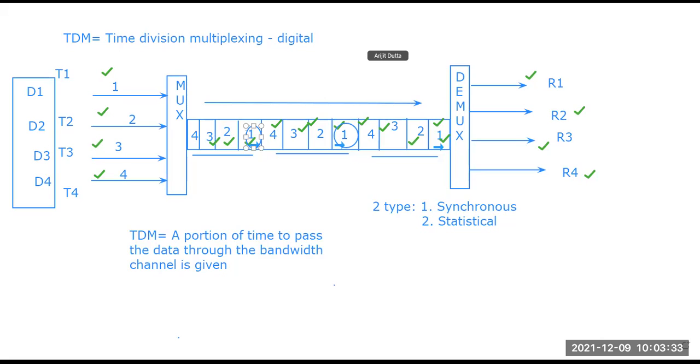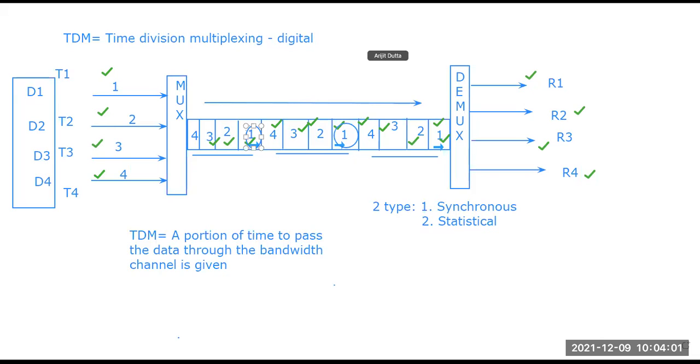So this is the drawback of synchronous TDM, that it is not efficient for that particular concept: nothing is sent, but still the bandwidth is allocated to some devices. So the bandwidth is not used, the usage is not proper. So the problem is that synchronous TDM is not so efficient.